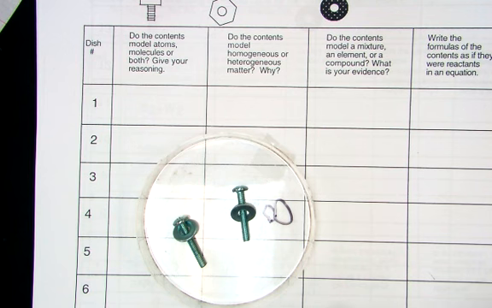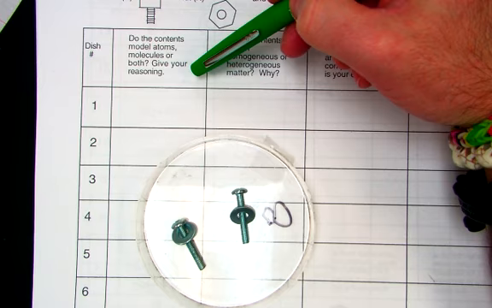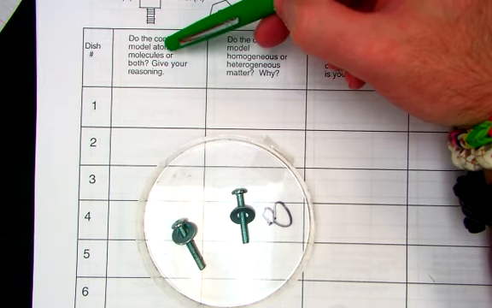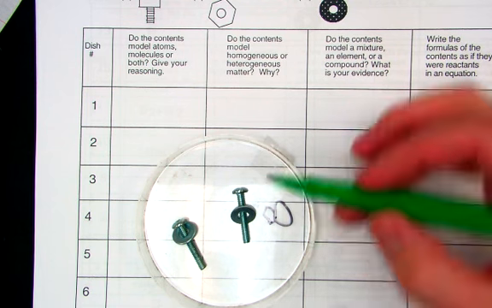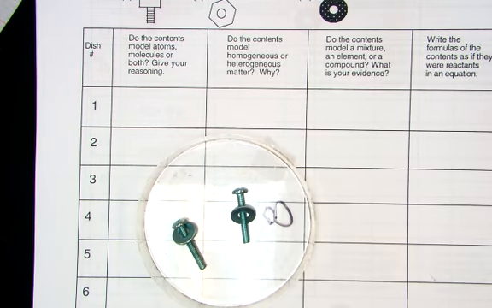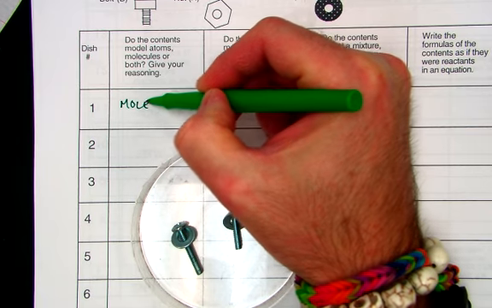So in this first example, since they're connected, would these be atoms, molecules, or possibly both of them? All right. Since they're connected, we're going to say that these are molecules. Okay? So for this picture, we're going to say molecules for that first column.